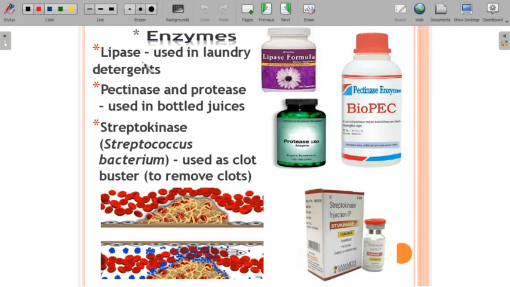So in laundry detergents we use a lot of enzymes like protease and other chemicals. Next, we add an enzyme called lipase. Lipase is mostly used in detergents, and because of that the fat molecules or oil droplets can be easily removed when your mothers wash the clothes.